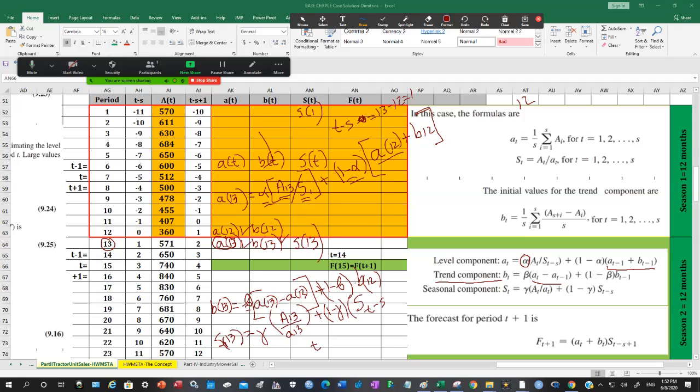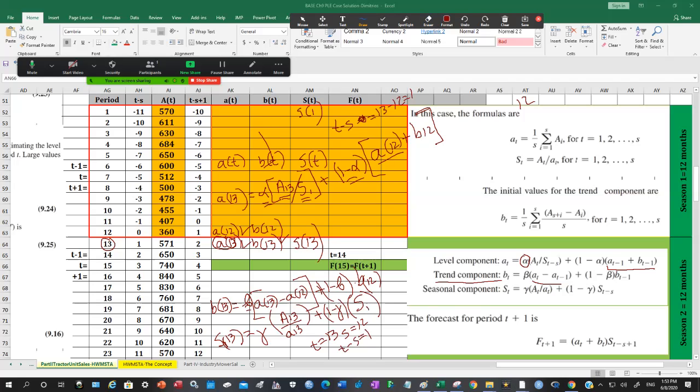Well, t is 13, and s is always 12, lowercase s. So t minus s, lowercase t minus lowercase s, is 13 minus 12, or 1. So this here is S of 1.